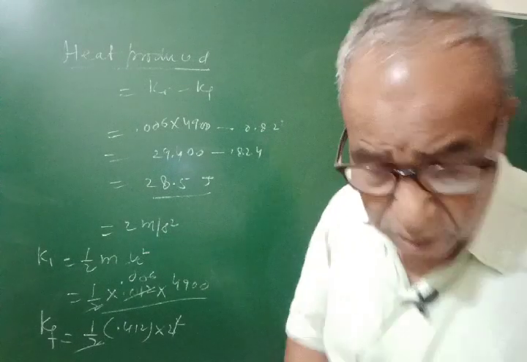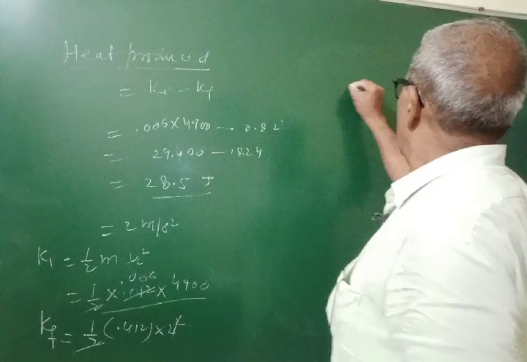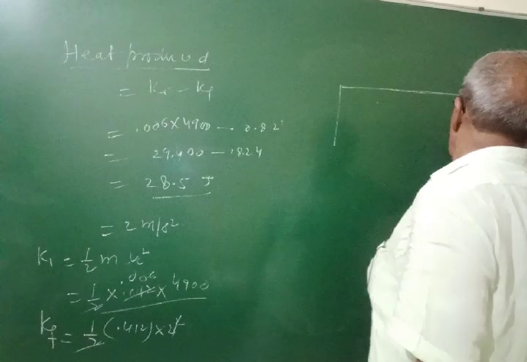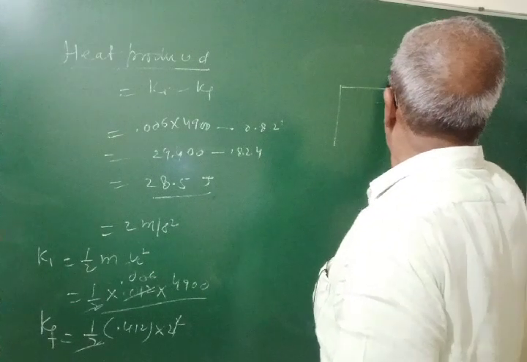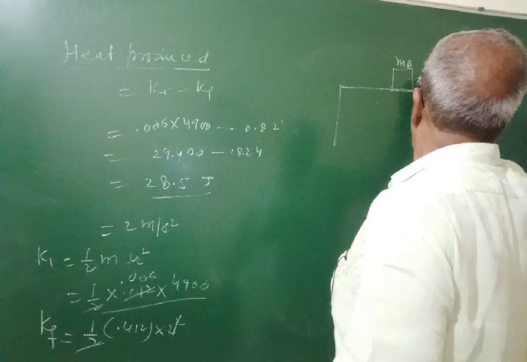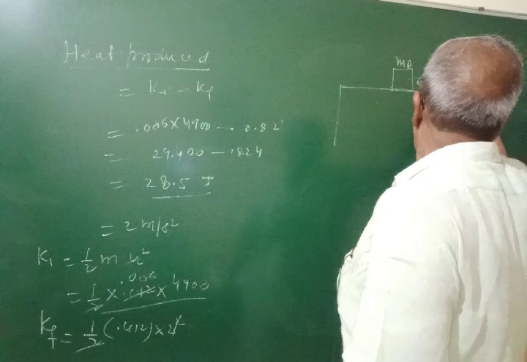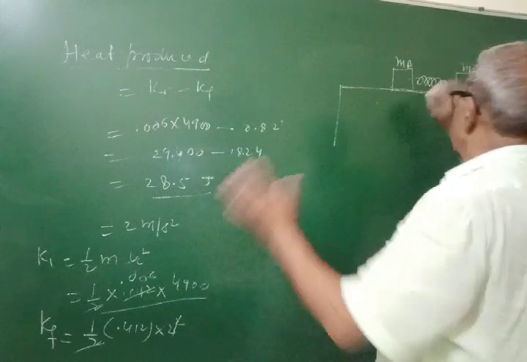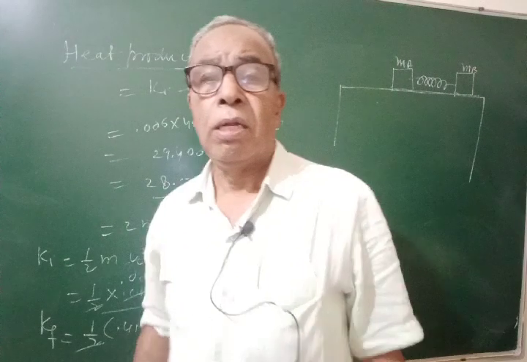There is a simple question in my mind here. Here on this table, this is a frictionless table. Two blocks of mass MA and MB are held together and the spring is compressed.